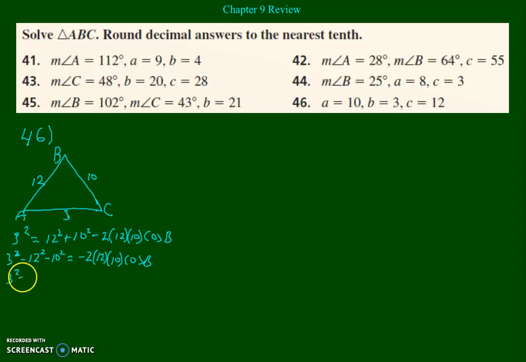So 3 squared minus 12 squared minus 10 squared over negative 2 times 12 times 10 equals cos B. We're going to have to take the arc cosine because we're looking for B. So arc cos of 3 squared minus 12 squared minus 10 squared over negative 2 times 12 times 10 is B.